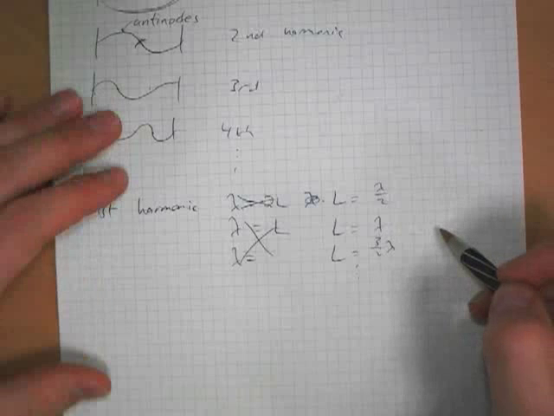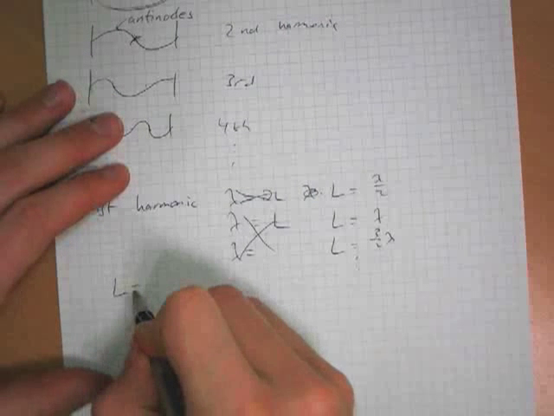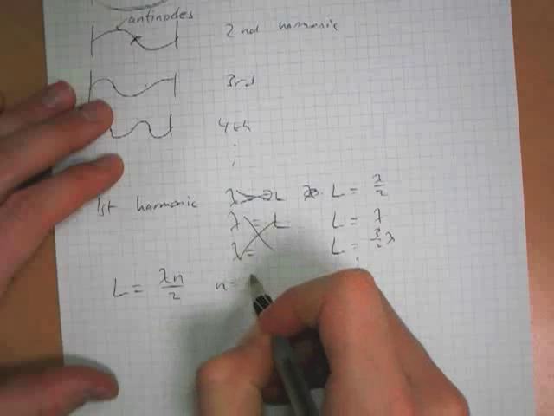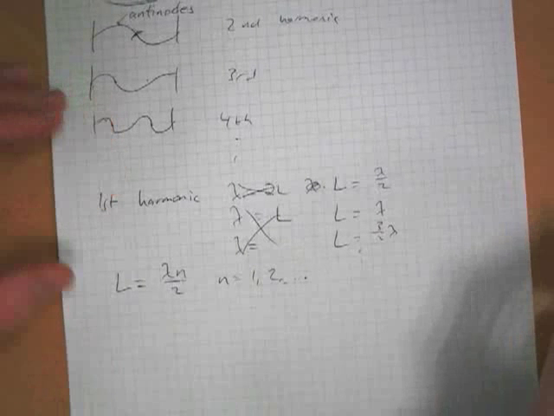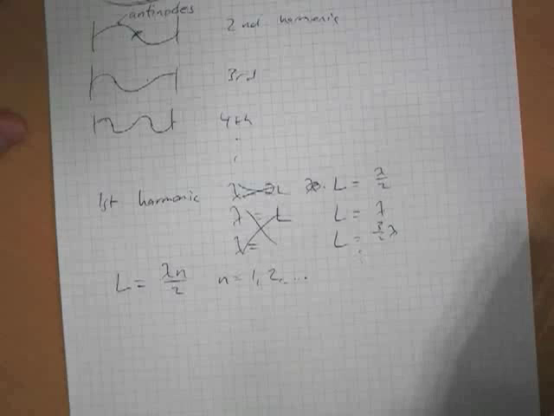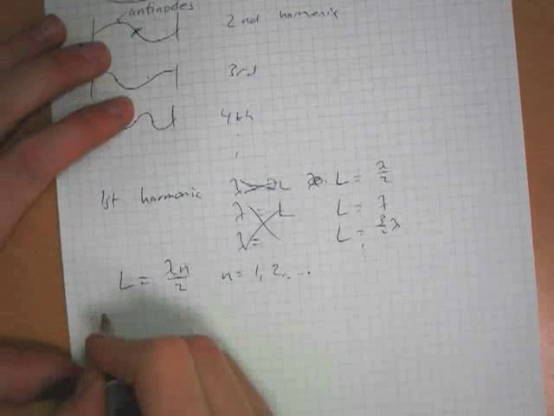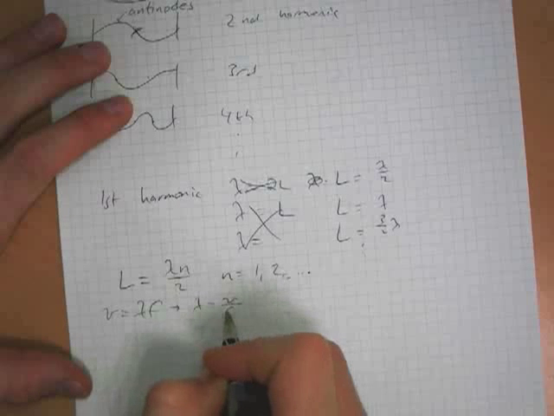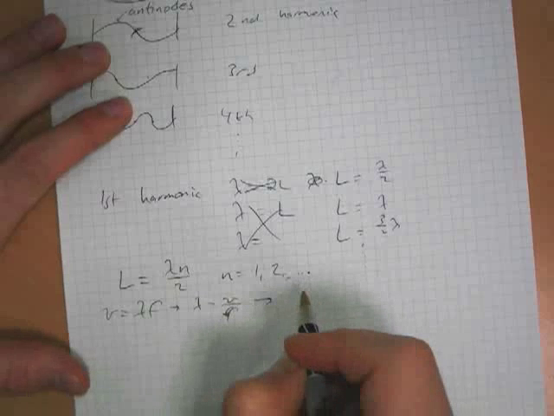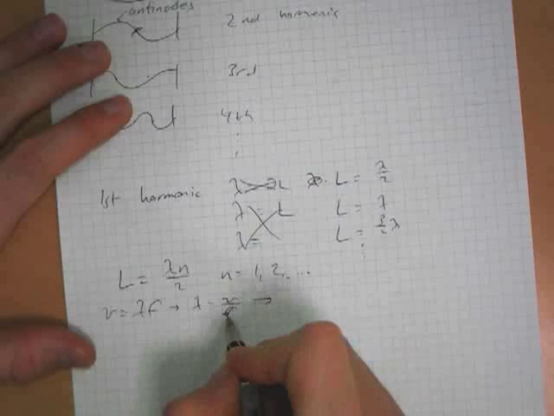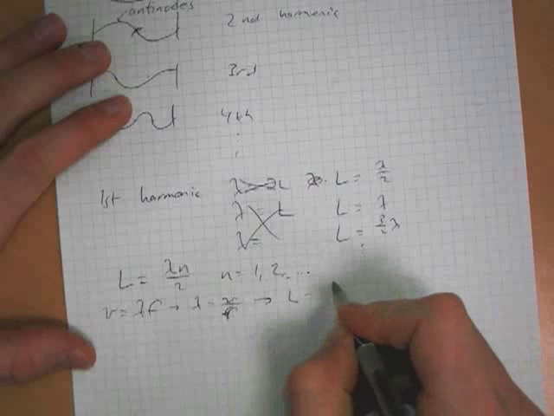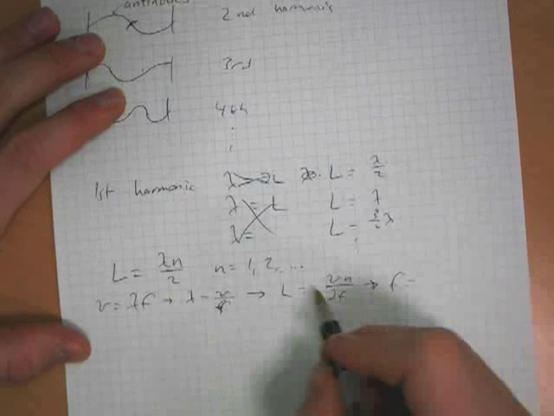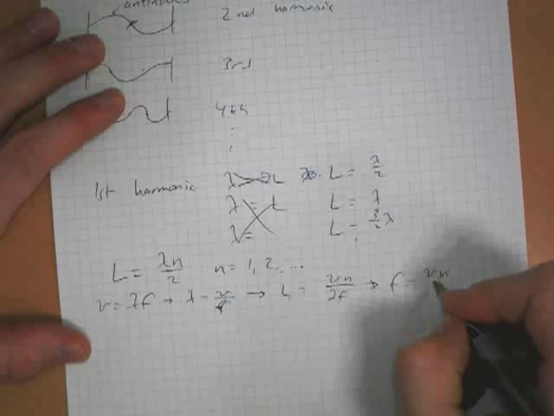So the length of our string then is equal to λn/2, where n is 1, 2, whatever. It's the number of the harmonic. And we also know that v = λf, so we can replace this λ with v/f, and therefore say that our length equals vn/2f, and therefore the frequency of each of these harmonics, if we solve for that, is f = vn/2L.